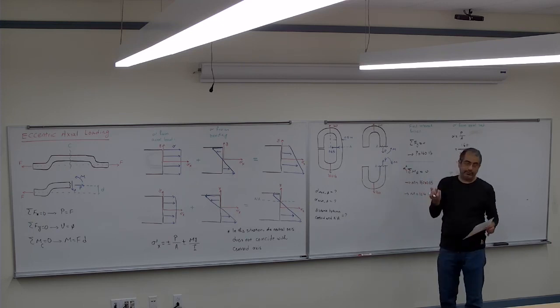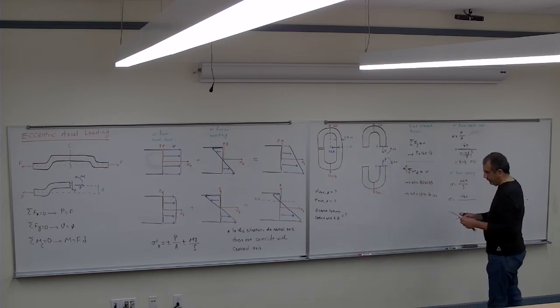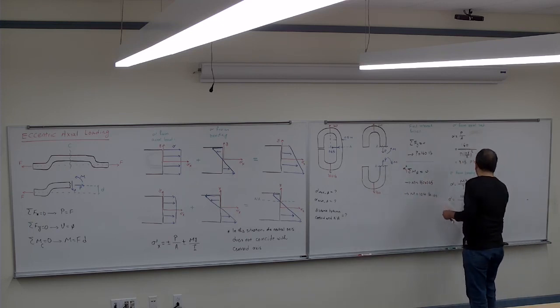So it's going to be half of the diameter, basically the radius. So it's going to be 0.5 divided by 2.